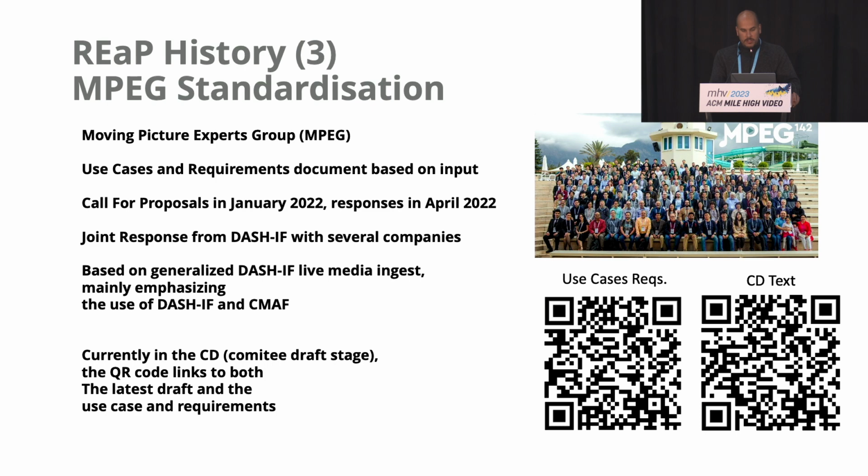From that response, the -IF live media ingest with CMAF was used as a starting point. Currently the document is in the CD stage, going to draft DIS at the moment, so it's an ideal time to review and provide comments. I provide here the QR code to both the use case and requirements and the committee draft text.